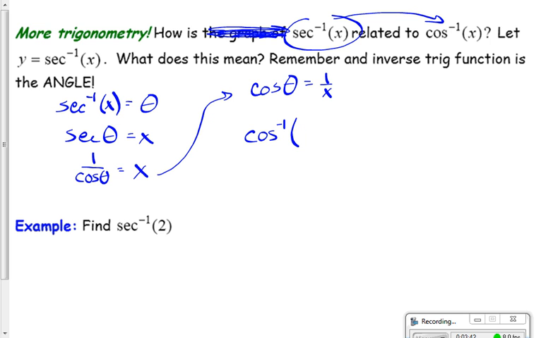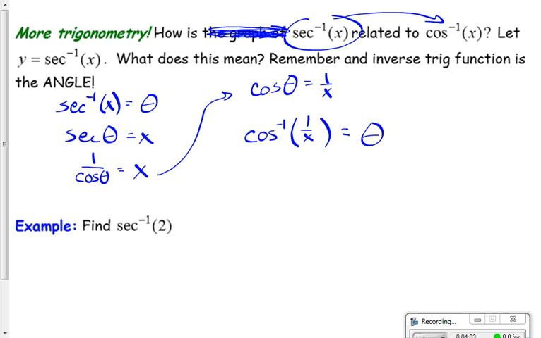Cos inverse of 1 over x equals theta. But wait, go back to the beginning. What was theta? Secant inverse, right? So the question, what is the relationship between secant inverse and cosine inverse?